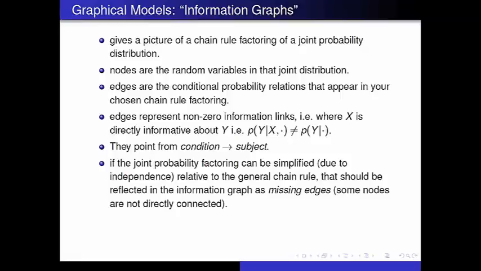It's a relation of a condition to a subject, which is not the same as the converse. Okay? So we're going to draw these pictures, and the number of edges that appears between a set of variables is basically going to tell us whether we've achieved any dimensional reduction or simplification versus the fully general chain rule.